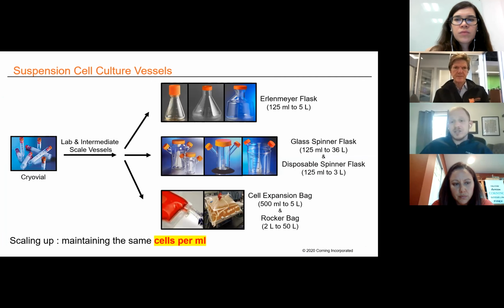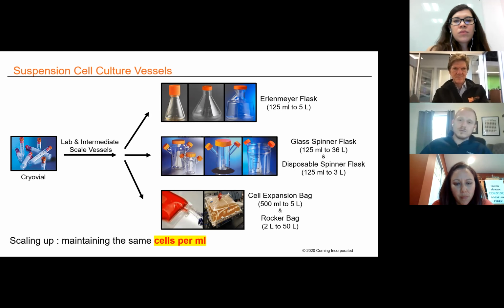Culturing cells in suspension is a little bit different, and we're not going to spend too much time on this workflow today, but many of the considerations I'm going to talk about are the exact same. The main difference between culturing cells as being anchorage dependent versus suspension is that they don't need a surface to adhere to. You can put them in something like an Erlenmeyer flask, a spinner flask, or a bag, maintain agitation or mixing, and the cells may remain suspended and then expand.